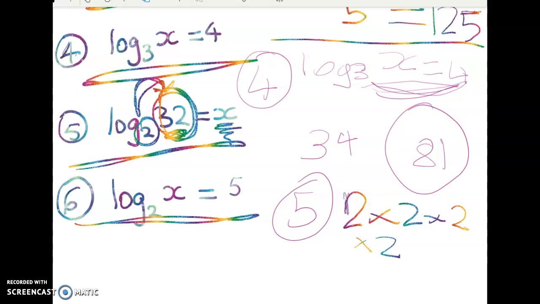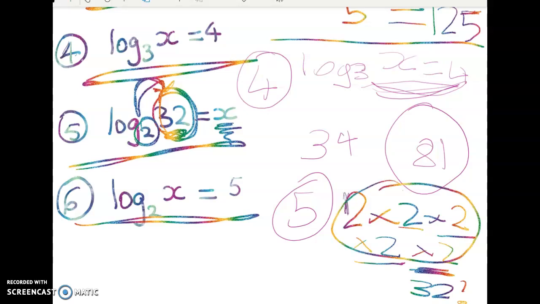Then 16 times 2, and you get 32. So now we know that x is 5, because you can do 2 to the power of 5 and get 32. Remember, 2 to the power of x is 32.